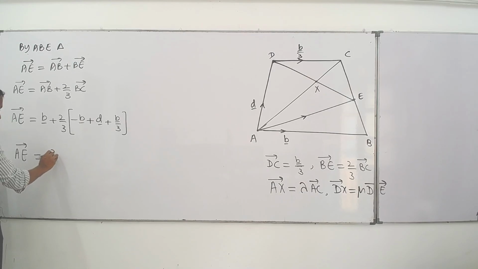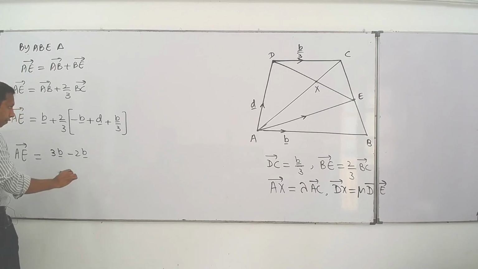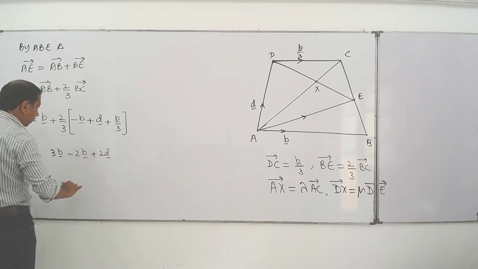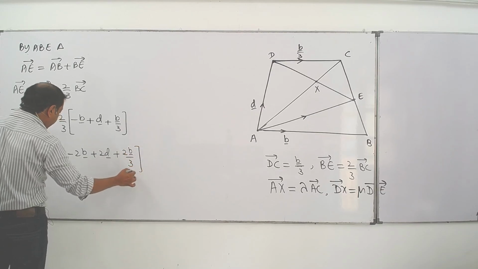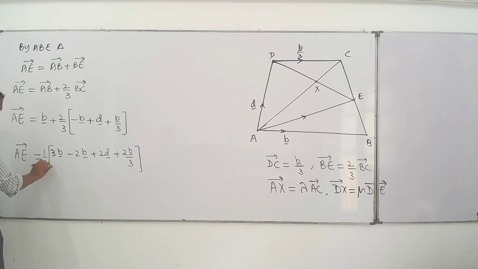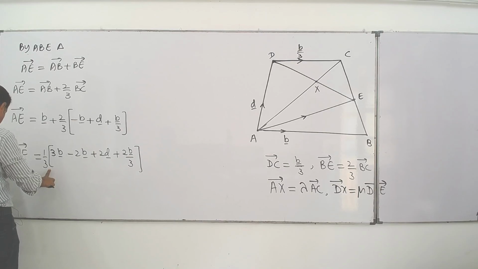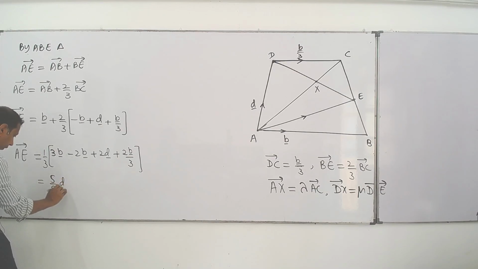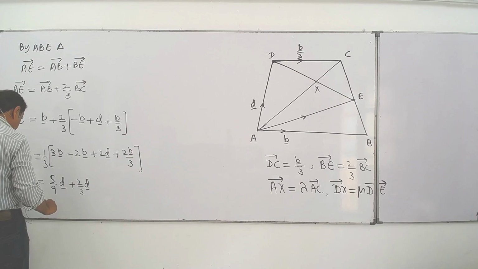Then we get 3b in the bracket, minus 2b plus 2d, and since here we have taken the common denominator, outside of this we should have 1/3. Then 3b minus 2b is b, here 5b by 9 coming, and 2/3 d. So 5/9 b plus 2/3 d is our AE vector.